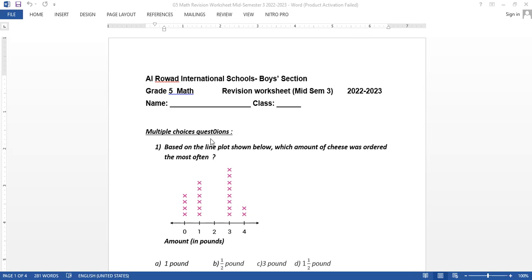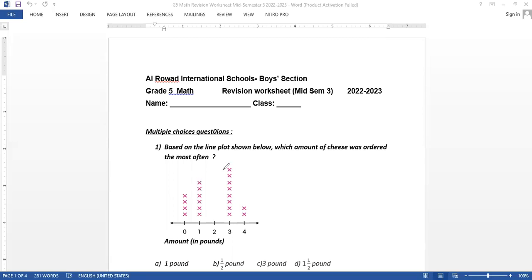First question. Based on the line plot shown below, which amount of cheese was ordered the most often? Here, the amounts in pounds: 1 pound, 2 pounds, 0 pounds, 3 pounds, or 4 pounds. Now, I want to know which amount was ordered the most often, so I count how many times.